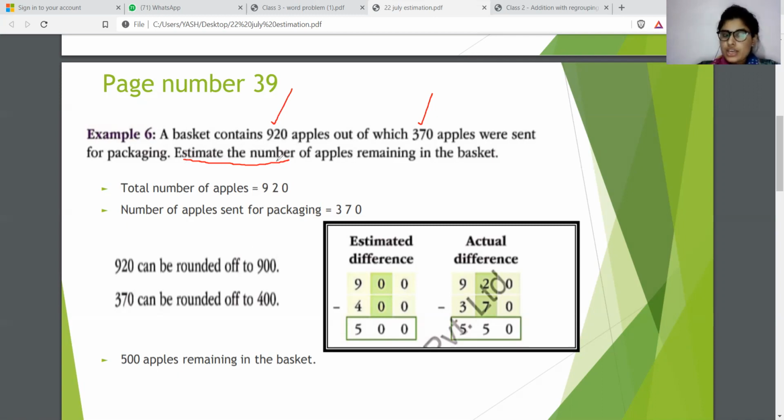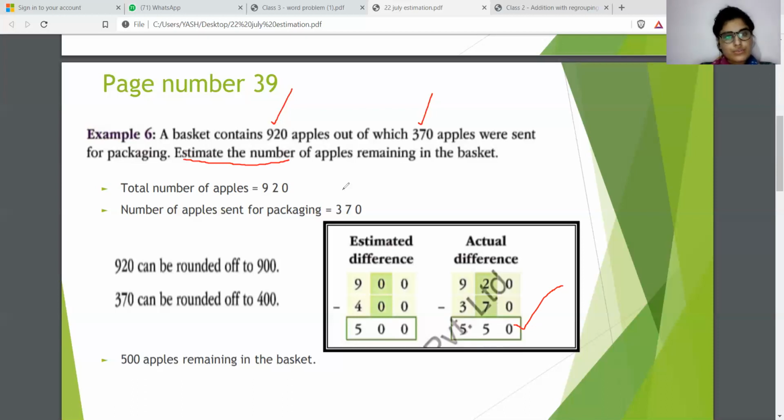But if instead of number you see "estimate the answer", you will find the actual difference, and after finding the actual difference you just estimate the answer. This is the answer, 550. So you will estimate the answer, but in this question it is not asking to estimate the answer, it is asking to estimate the number.